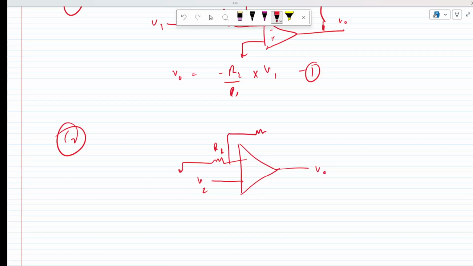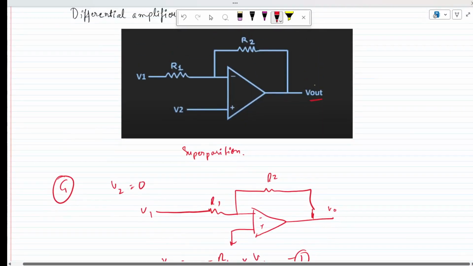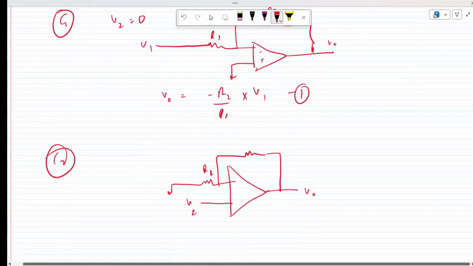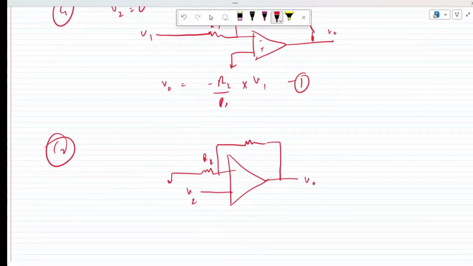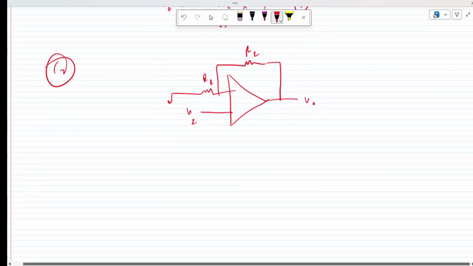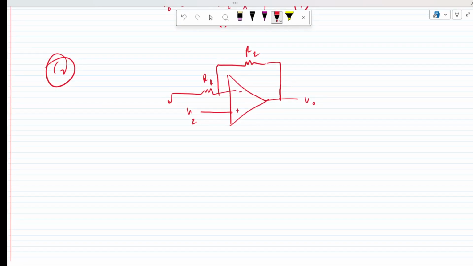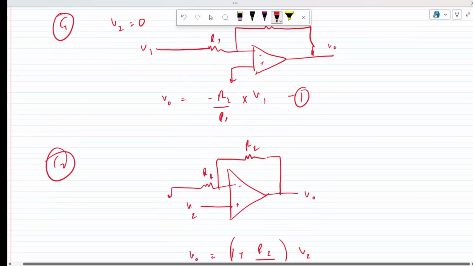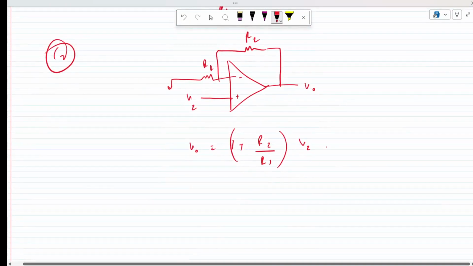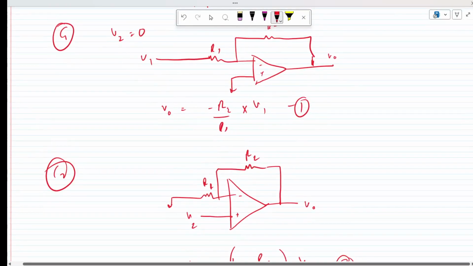This is the feedback we have given from the output: a particular portion of the output we have given as feedback to the inverting input. This is R2. So this resembles the non-inverting amplifier. So the output VO is going to be 1 plus R2 over R1 times the input we have given, V2. So basically these are the two components, this second one and this first one.